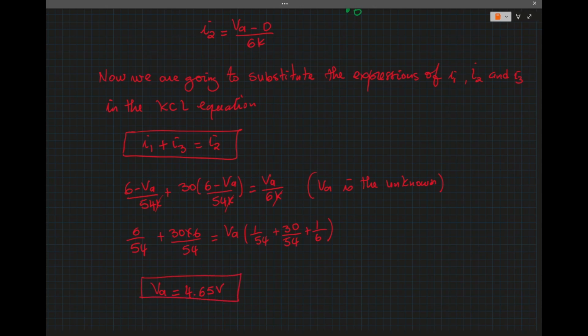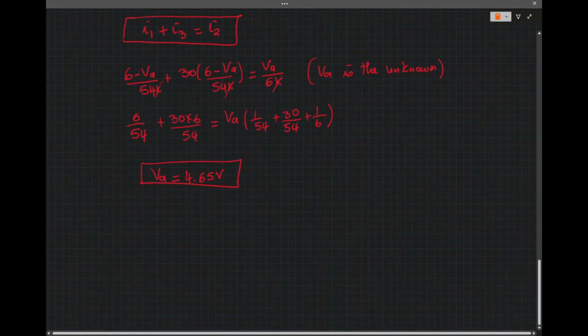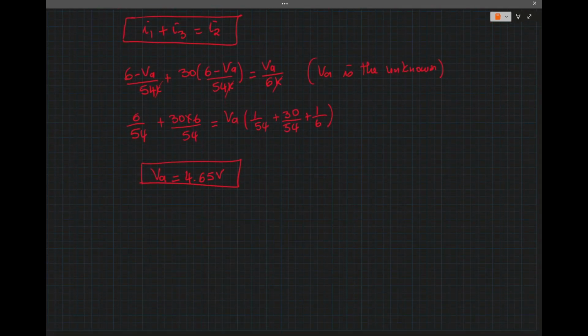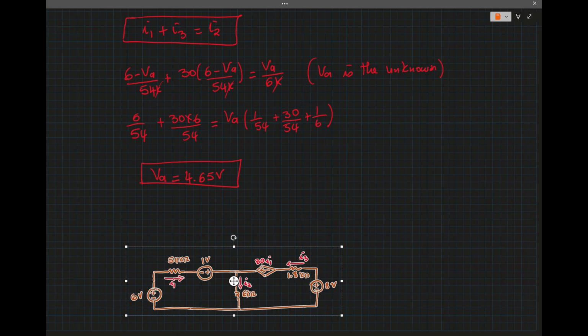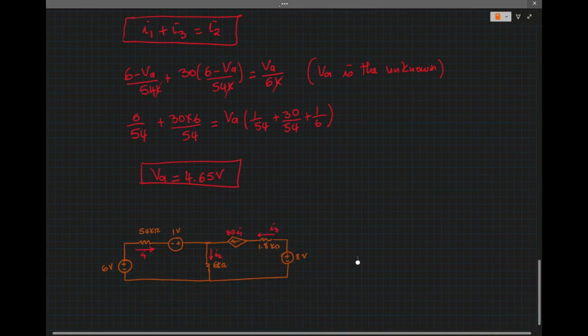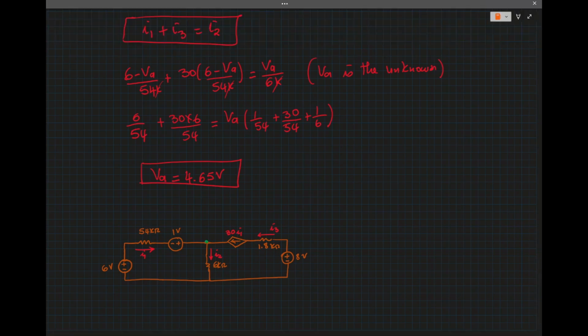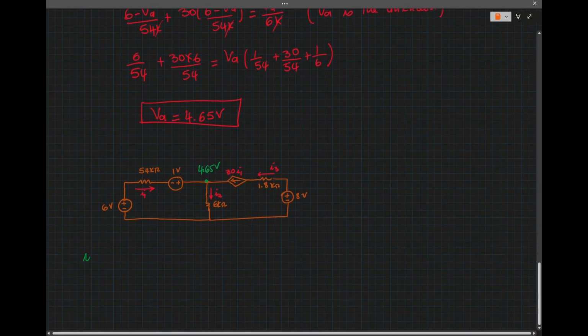Okay, so now that I know VA, we know the voltage here is 4.65 volt. So I can calculate the current I1.